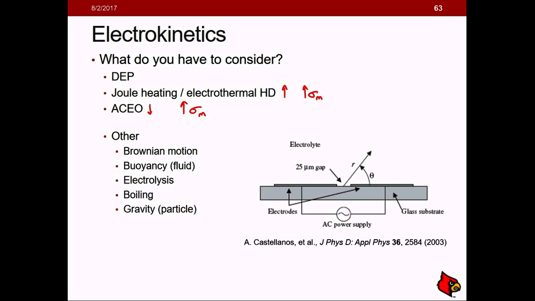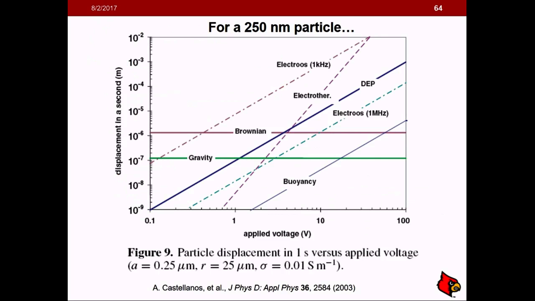So they have a lot of figures, a lot of interesting things, but I just want to throw one from the paper here, where you have a sub-micrometer particle. What is the displacement of that particle from Brownian motion, from gravity, from dielectrophoresis for a certain conductivity media over a certain applied voltage?